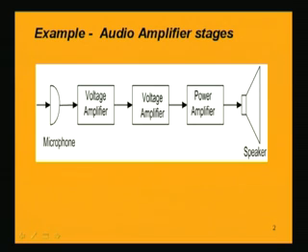Now, one voltage amplifier may not be sufficient, so we will be using a number of voltage amplifiers in series. That is why here, for example, 2 voltage amplifiers are shown in cascade. After the voltage is amplified, the final stage is a power amplifier, whose output is finally given to the speaker or loudspeaker, because the loudspeaker requires high power to drive it.